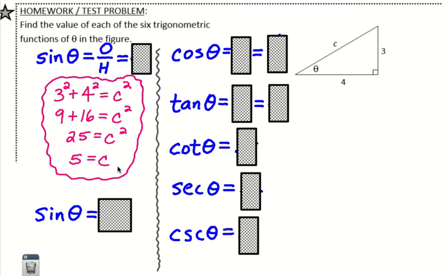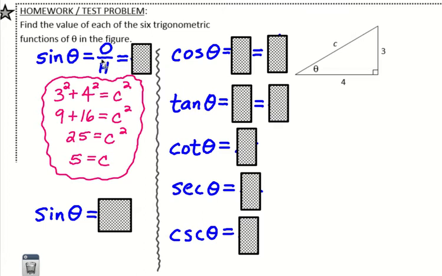And I can't help myself but point out that technically, if we were just solving this equation in a vacuum, we would get 2 answers. What would those 2 answers be? They'd be plus or minus 5, positive 5 or negative 5.